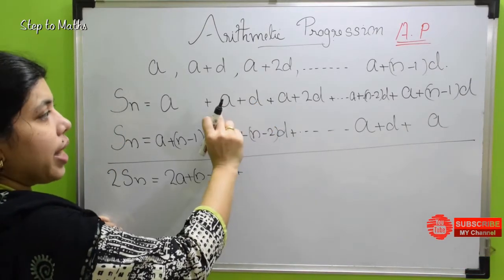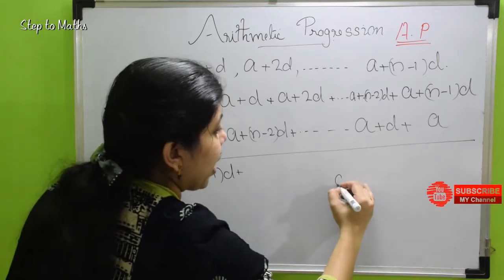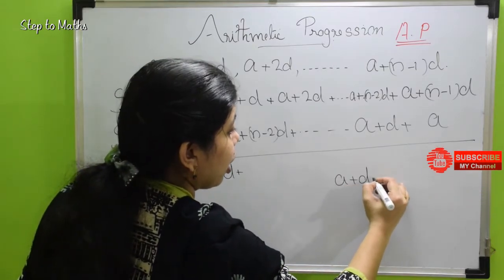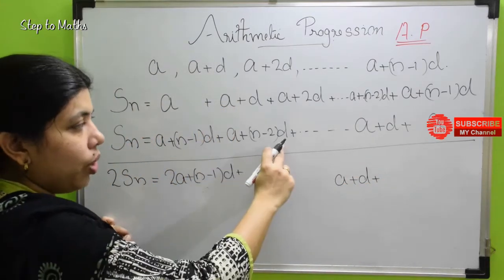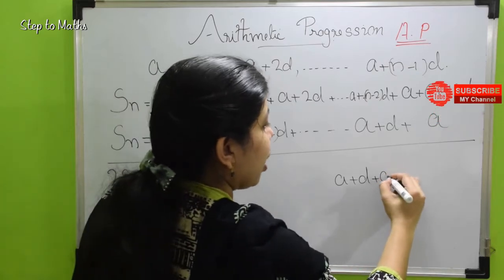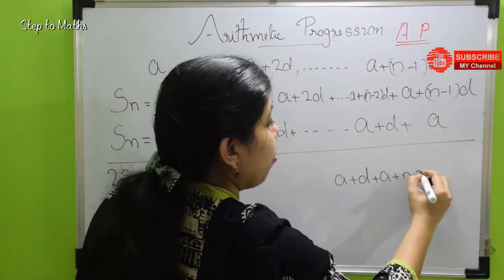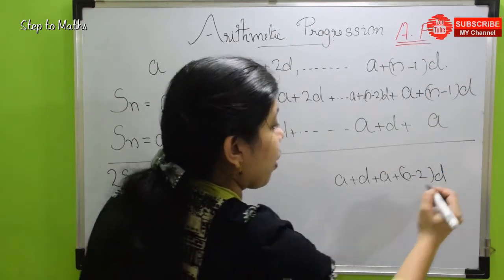Now consider the second terms of these two expressions. The second term is a plus d, and the second term in the other expression is a plus n minus 2 into d.